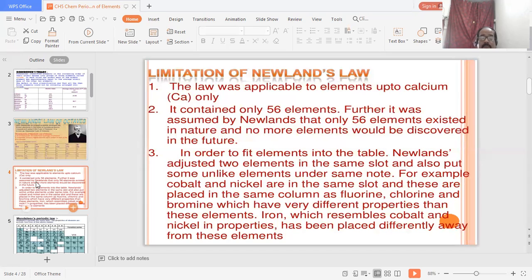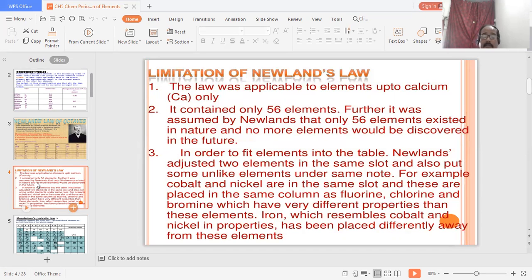So he adjusted two elements in the same slot and also put some unlike elements under the same note. Also, some elements present in a row do not have similar properties.